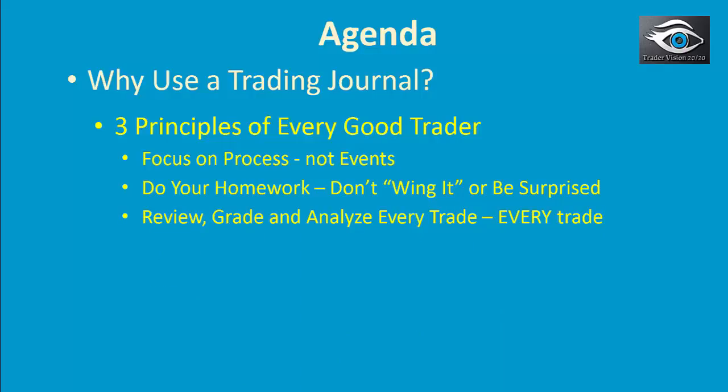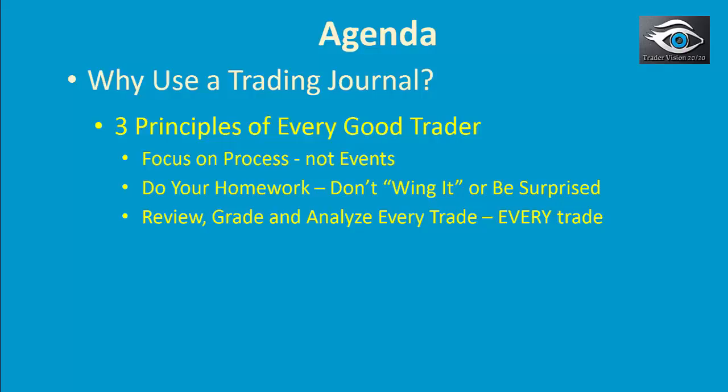And the third principle is review, grade, and then analyze every trade, every single trade. You need to look for the patterns involving your process, not involving the events, not involving the results of the trade, but about the process that you can improve, focusing again on the things you can control and improving how you do them.